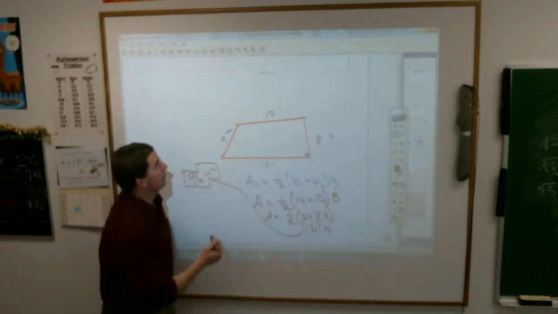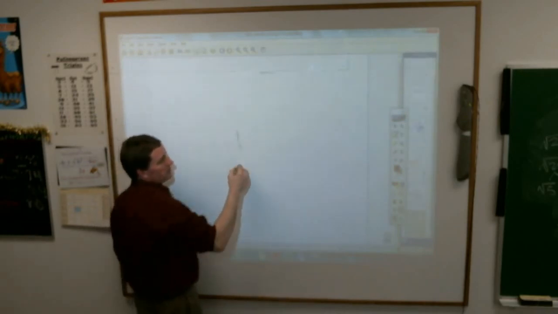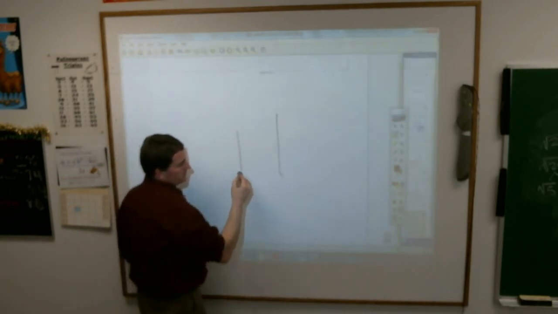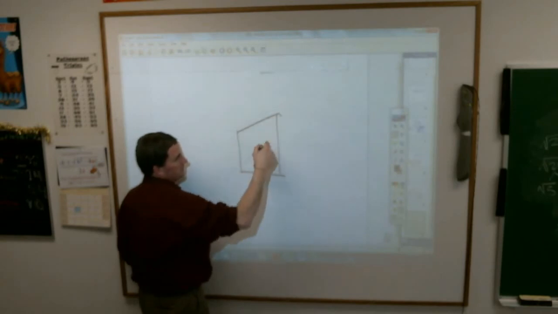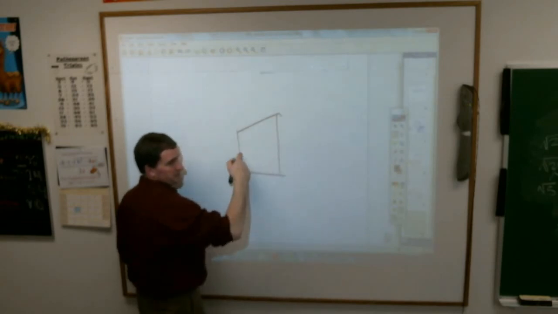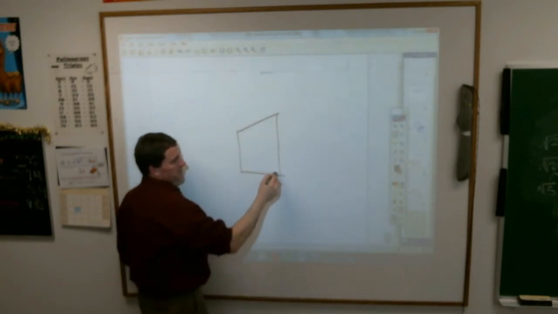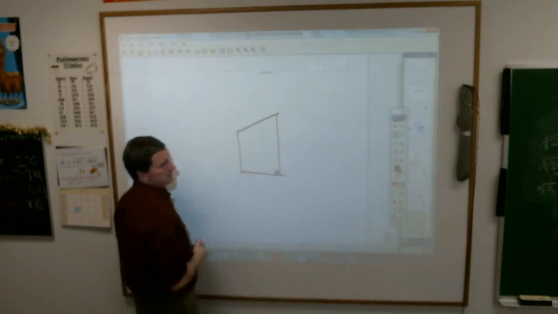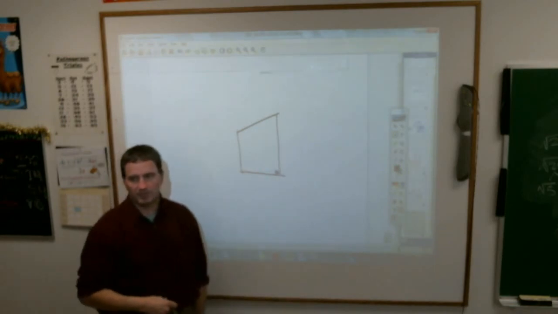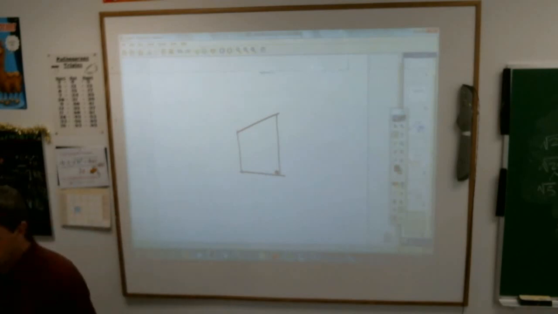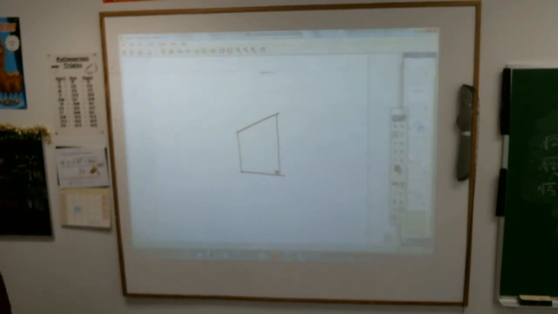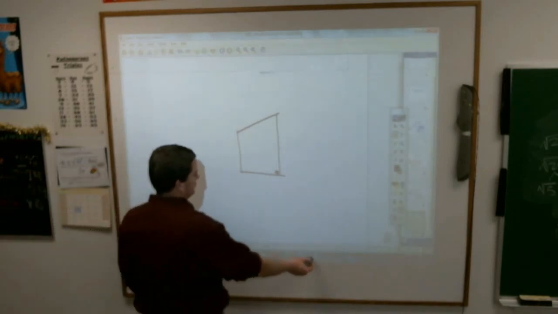Now, there might be a case when the parallel lines are vertical, like this. These are still going to be the bases, the two parallel lines. If there was a right angle, this would be the height. Doesn't matter, flip flop. Two parallel lines are always the B's. Is that cleared up? Yeah. Wonderful.